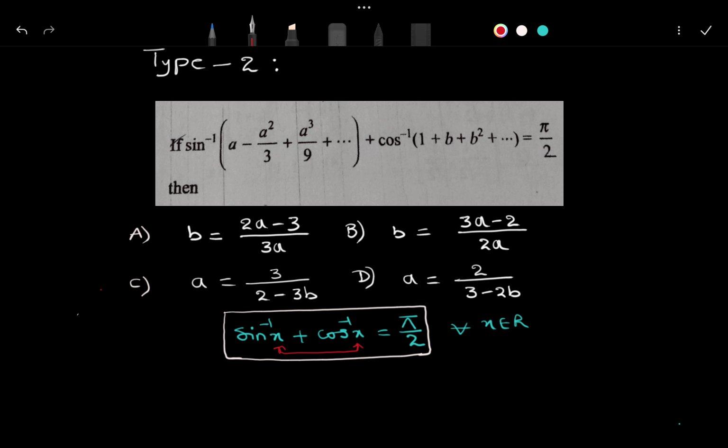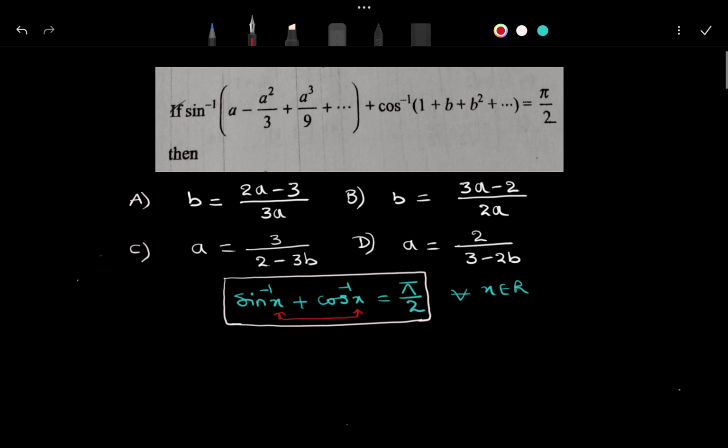So according to this, what is the given series? a minus a square by 3 plus a to the power of 3 divided by 9 minus and so on is equal to 1 plus b plus b square plus b to the power of 3 plus and so on to infinity.